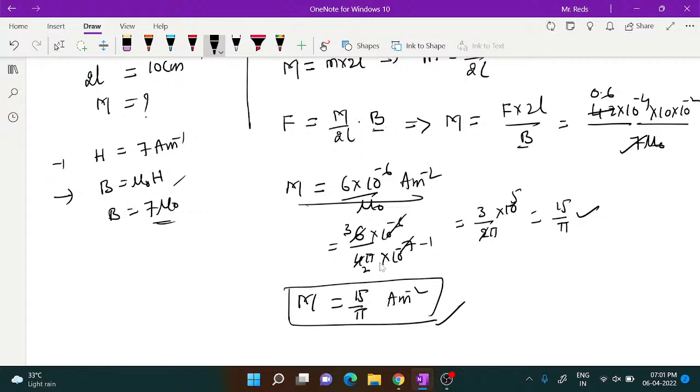So the terminology they have given is uniform magnetic field of 7 ampere per meter only. Magnetic field B, what you have taken in different forms, right? So the unit of magnetic field can be taken as Newton per, from the definition of magnetic field.